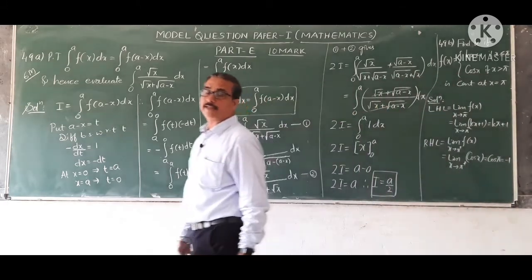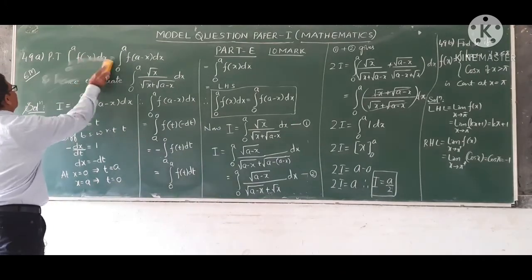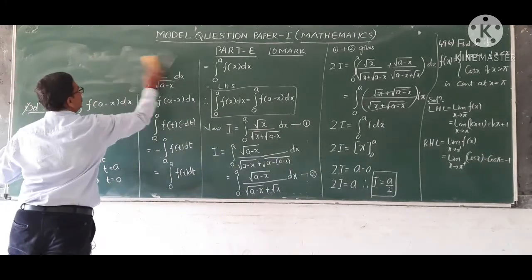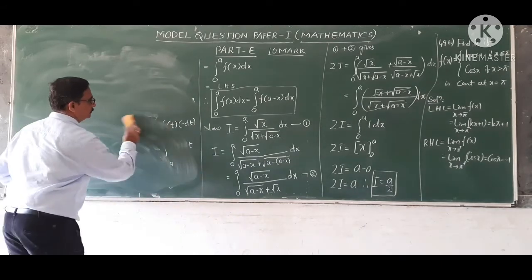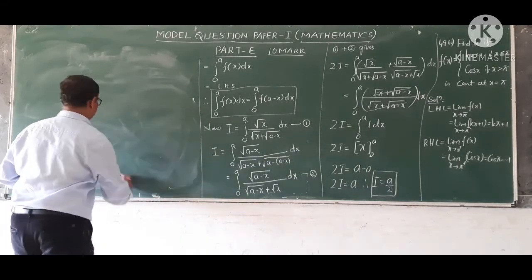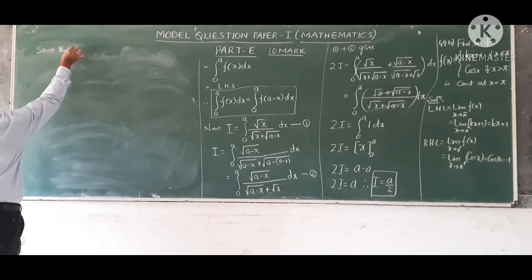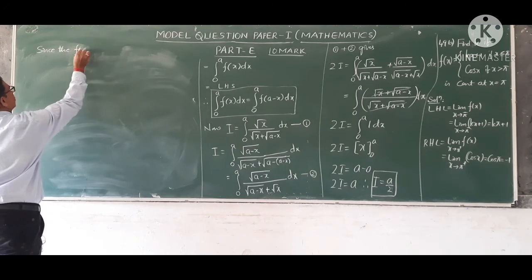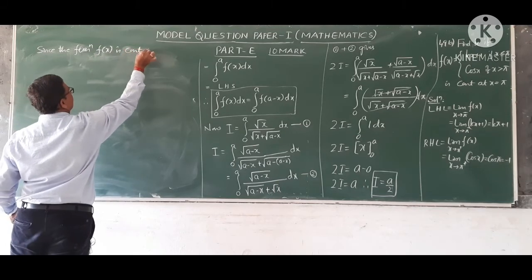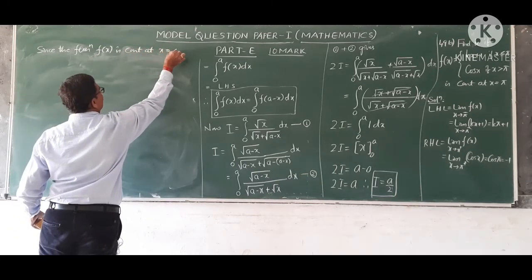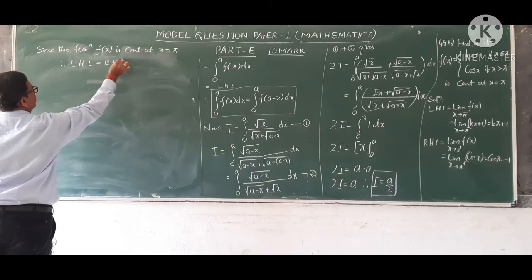Since the given function is continuous at the point x equal to pi, by the definition of continuity, LHL is equal to RHL.